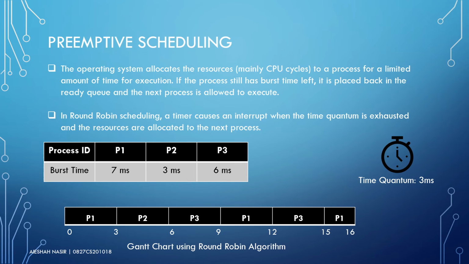P3 will run for 3 milliseconds, will go back into the ready queue, and P1 gets a chance to perform its operation. And once again, we notice that we have another 1 millisecond left for the termination of P1. And we notice that this algorithm keeps switching between the processes until the termination of each of the processes occurs.